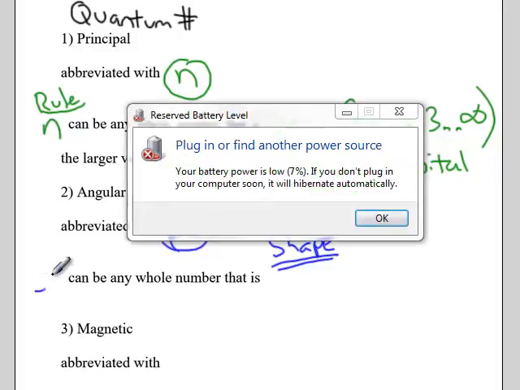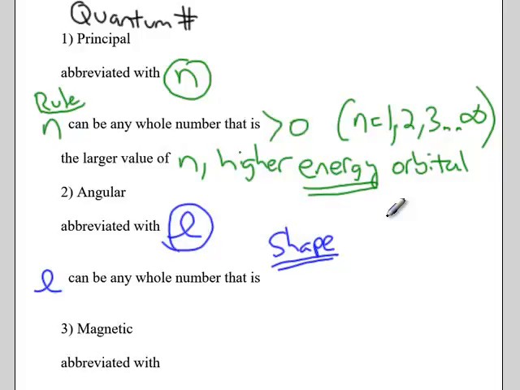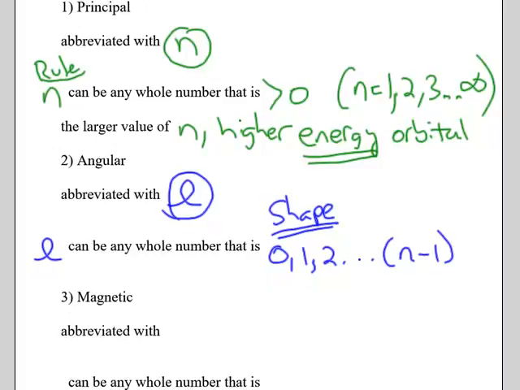And the rule for l is that l can be any whole number starting at 0, going up to a maximum of 1 less than whatever the quantum number n happens to be. We start with n first because n limits our choices for the quantum number l.